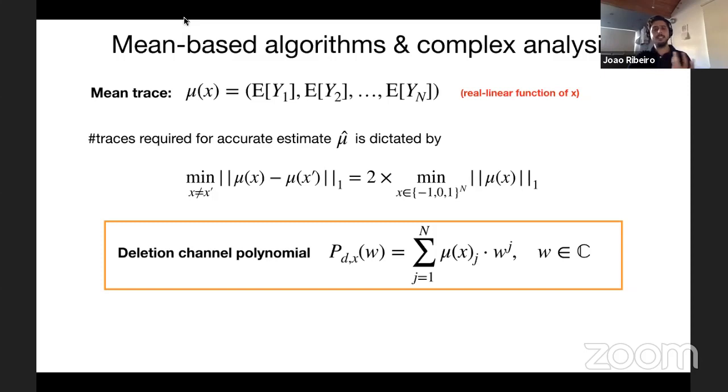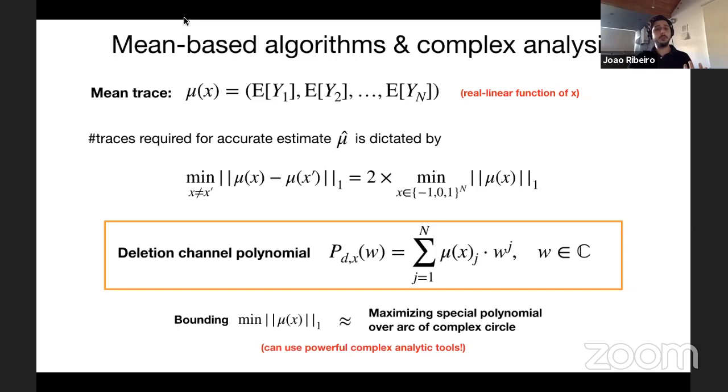The reason this is successful is that bounding this minimum one norm, which is in essence bounding the statistical distance between two mean traces, or the total variation distance, is in essence equivalent to maximizing a special type of polynomial over an arc of the complex circle. And so you can draw on very powerful complex analytic tools to do this.